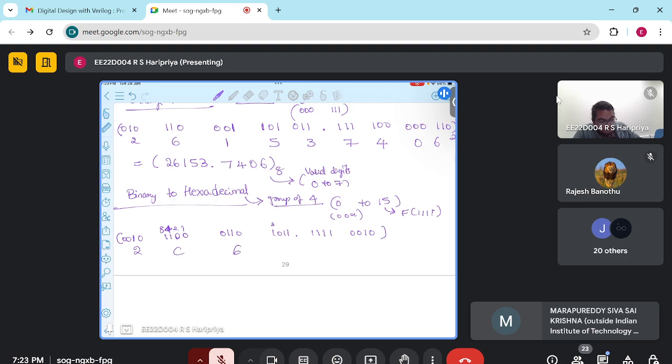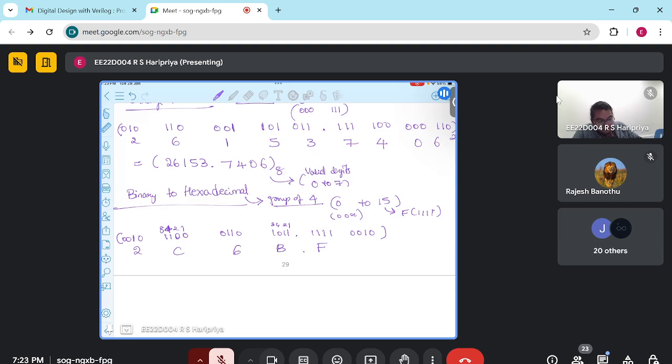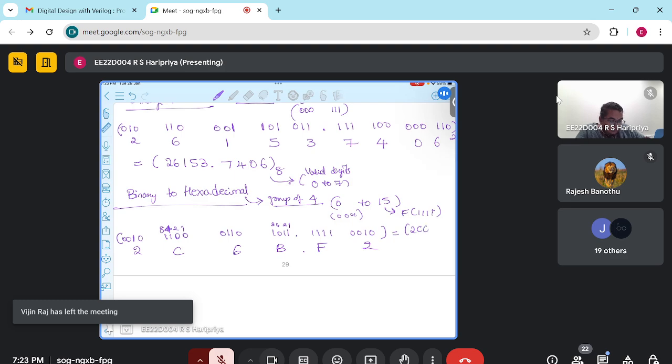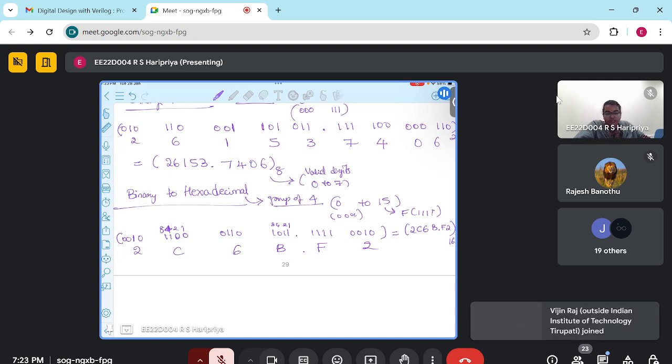This is again 8421. 10 plus 1, 11, which is B. And F, this we saw before, 2. So this equivalent is 2C6B.F2 in base 16. So till here, any doubts?